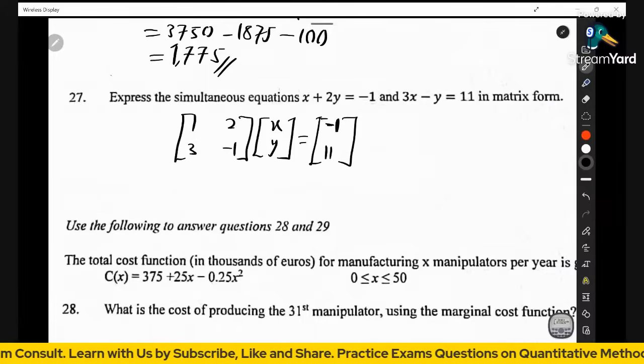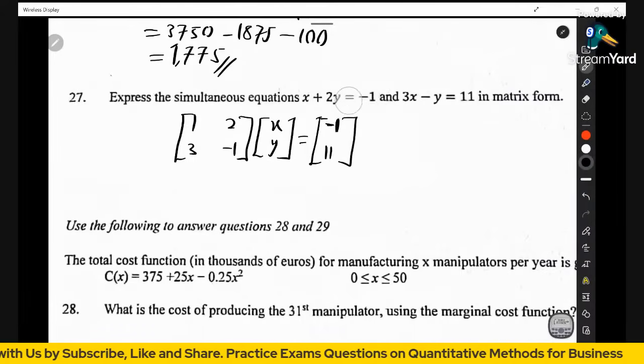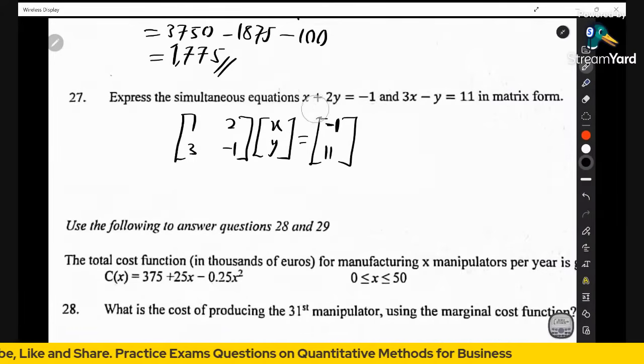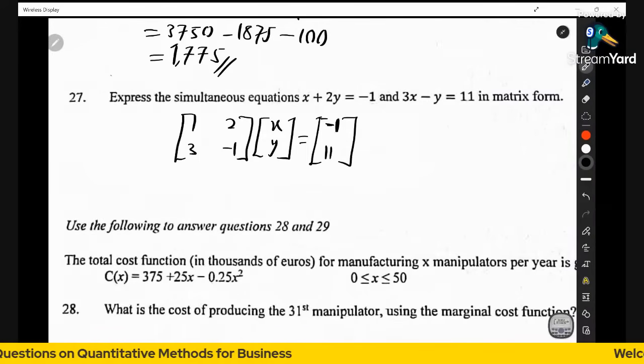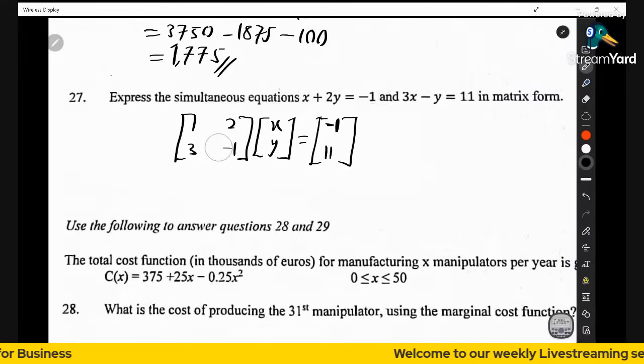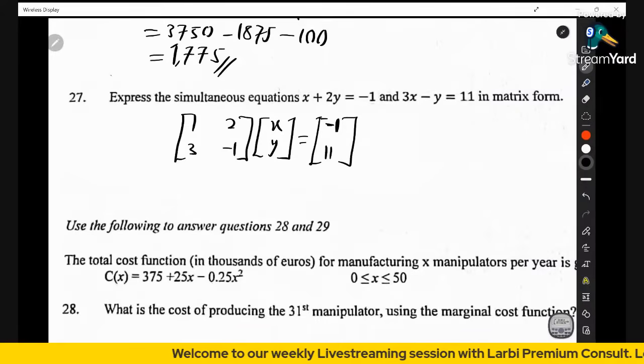So it is in this form that we are able to convert back to the simultaneous equations, getting x plus 2y and 3x minus y equal to 11. So the matrix form is this. So let's take note of that.